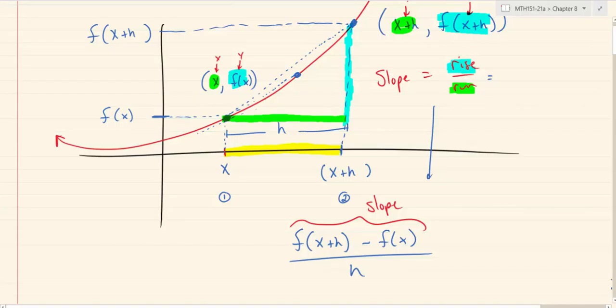What if we cut that distance in half? Would that be a better approximation? What if we cut it in half again, and half again, and half again? What would give us the exact value at that point? What would we need to squeeze h all the way down to? 0. How can we squeeze h down to 0? We can do it this way. The limit as h approaches 0.